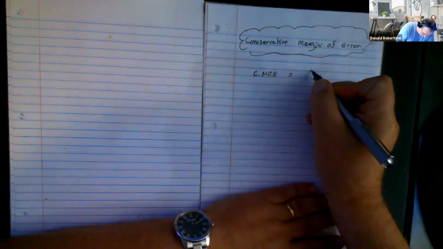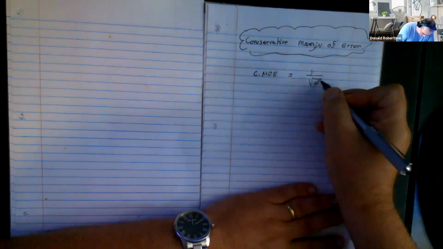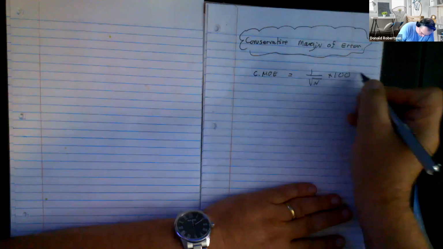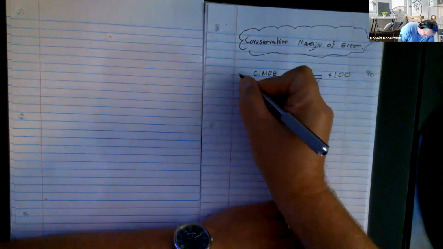And it is 1 over the square root of n times 100%, right? No biggie here. The kind of questions you get are: find the conservative margin of error, and create what's called a 95% confidence interval. So that's the first thing.